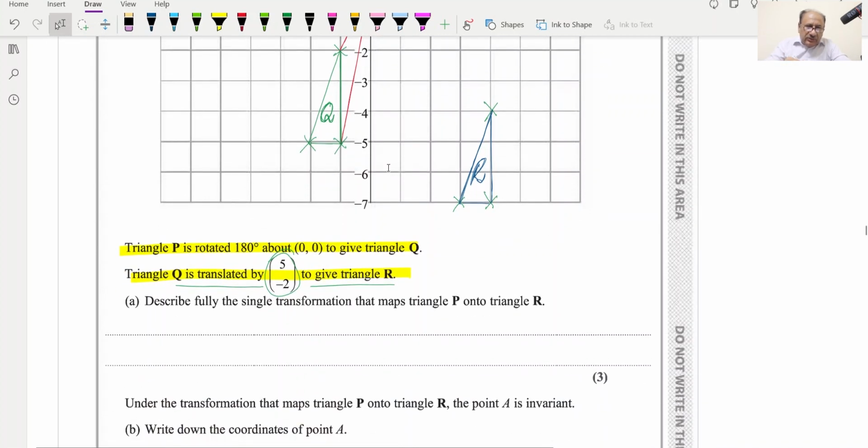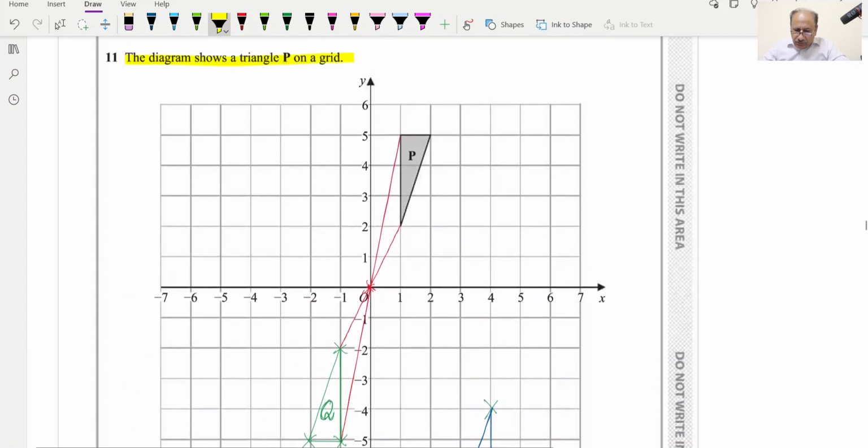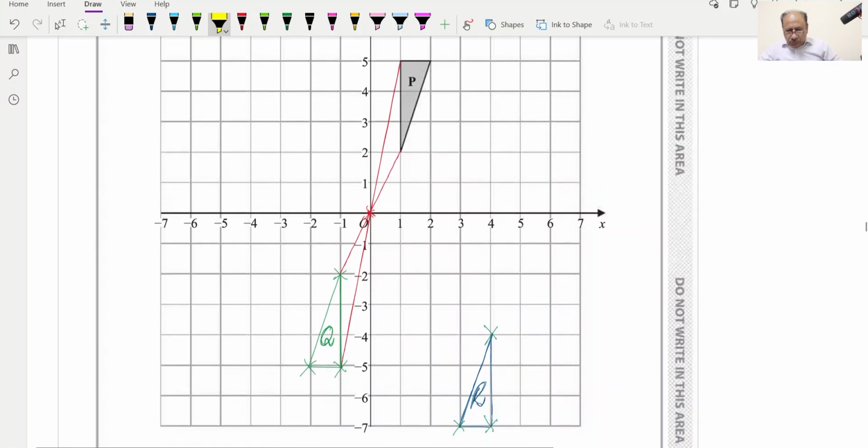Then they are saying describe fully. Describe fully the single transformation that maps triangle P onto R. So what we can do, we can join these two vertices like this one, and we have to join these two other vertices also like this one.